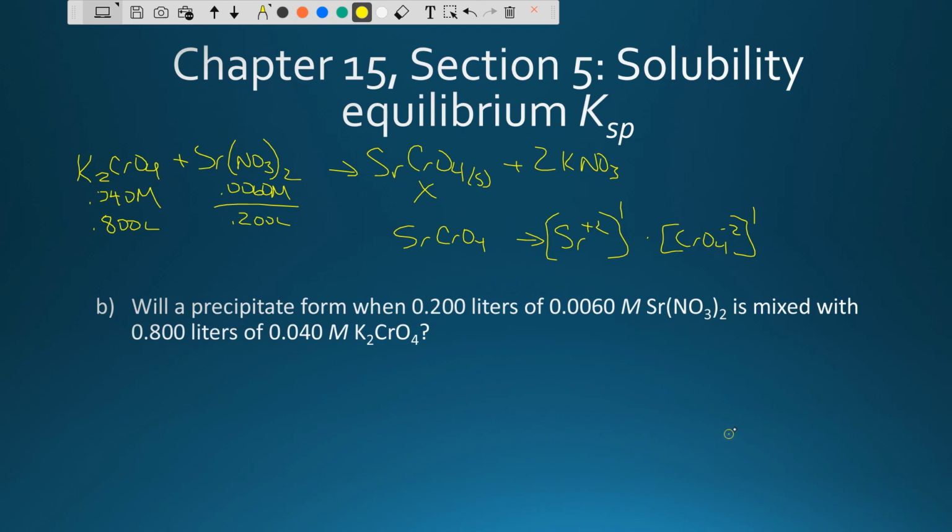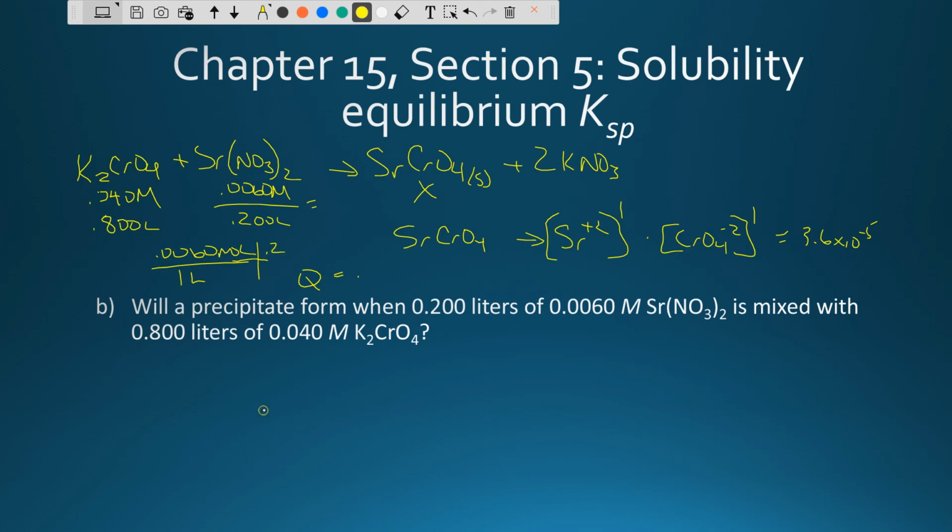Okay, now using my table, I see that this value is going to be 3.6 times 10 to the -5. My strontium chromate is actually on the table. Now, if I take a look at my values, my Q value ends up being 0.012, and how I got that was, well, I have 0.0060 moles for every 1 liter, and how many liters did I have in here?